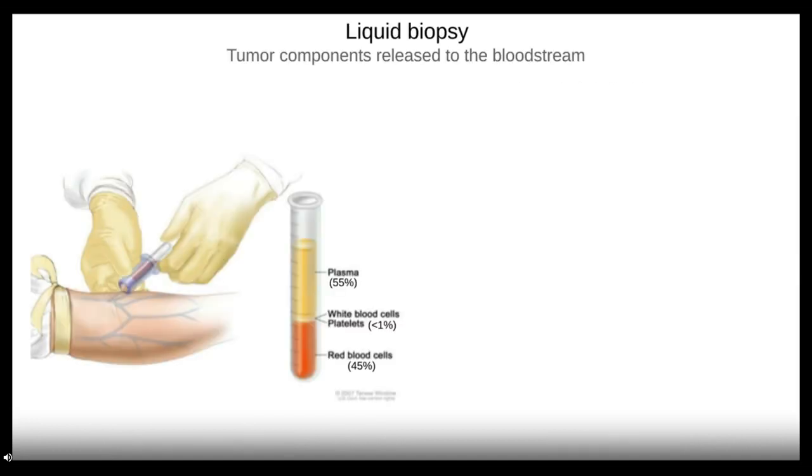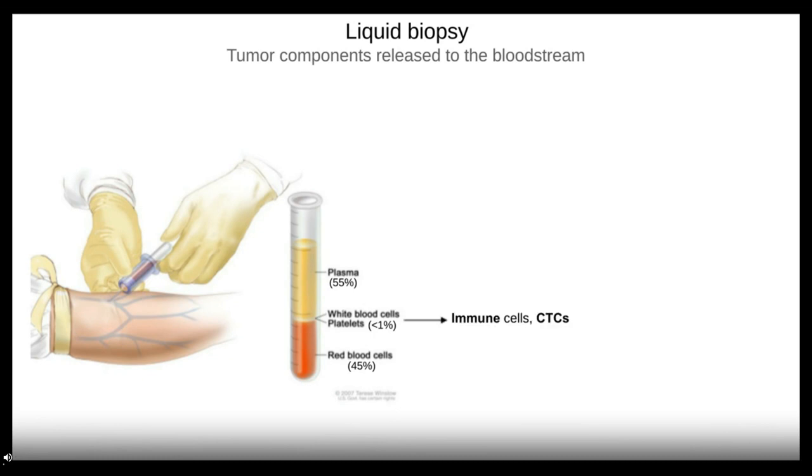Now, when you draw a tube of blood and centrifuge the sample, you get 3 components. At the bottom, you have the red blood cells, which we are currently not using for anything. Then you have a thin white layer that has mostly blood cells, and then you have the plasma.